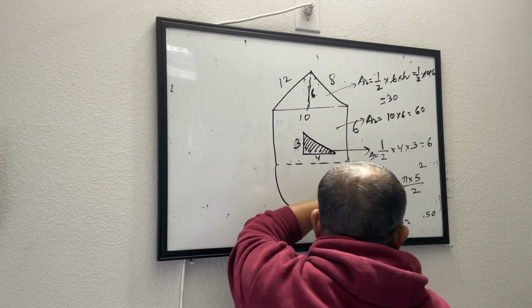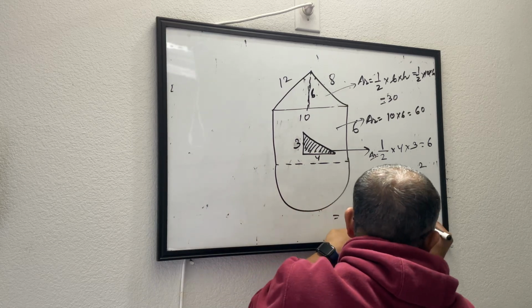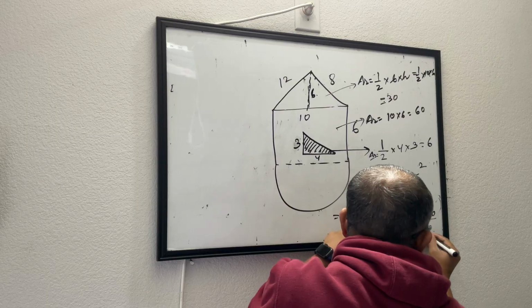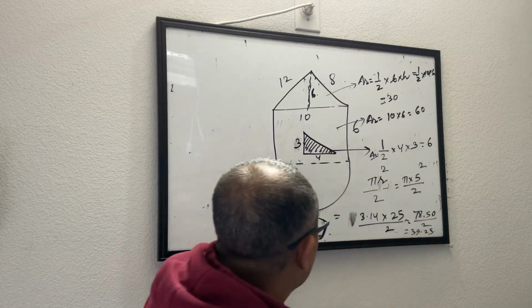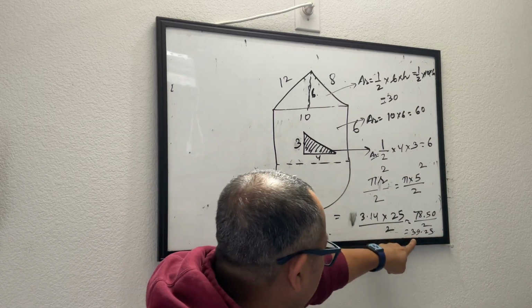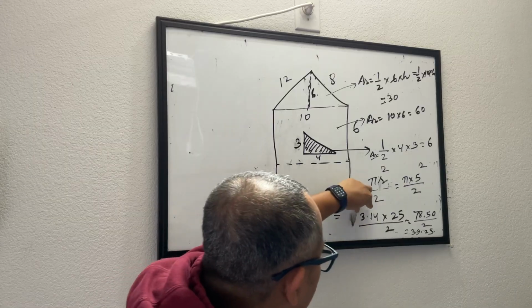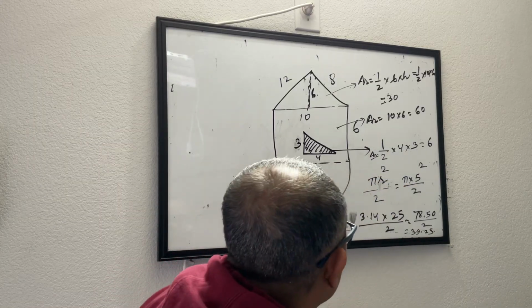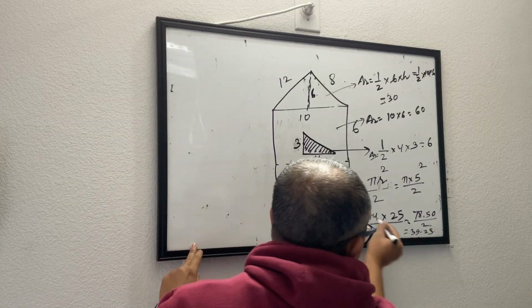So 25 times 3 is 75 plus 3, 78. Divide by 2. So this becomes 39.25. So area of this semicircle became 39.25. I just did pi r square by 2. Okay. So this area is 39.25.